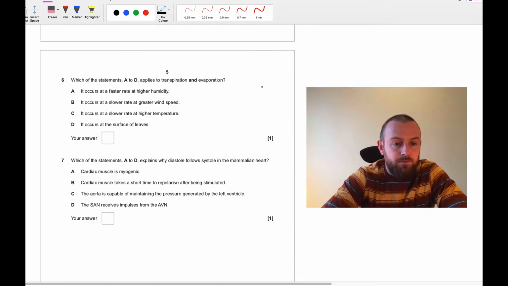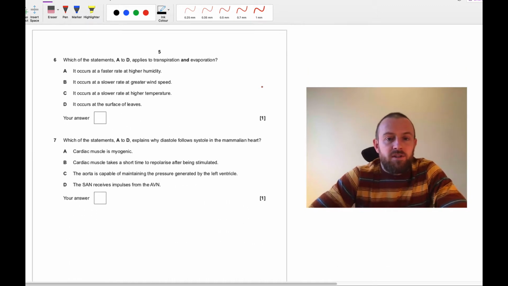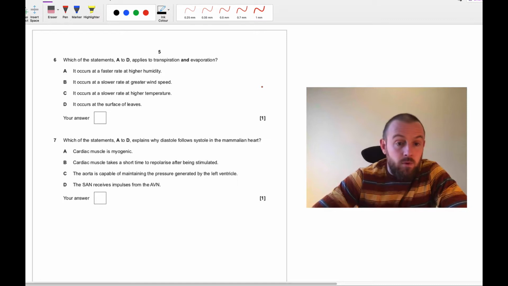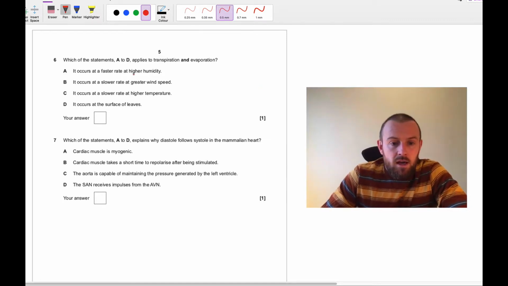Okay, moving on to 6. Which of the statements, A to D, applies to transpiration and evaporation? It occurs at a faster rate at higher humidity, transpiration and evaporation. No. Higher humidity would slow it down, in fact. It occurs at a slower rate at greater wind speed.